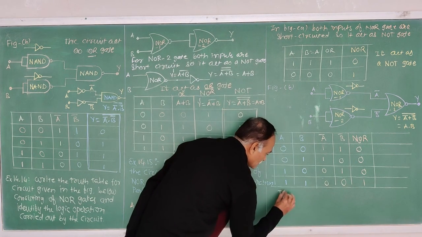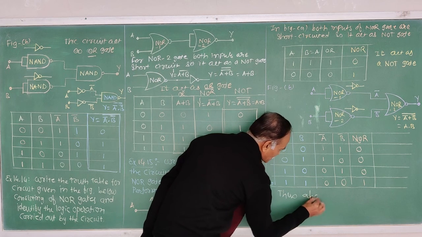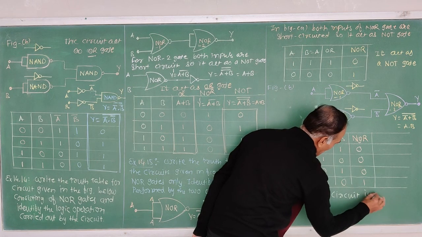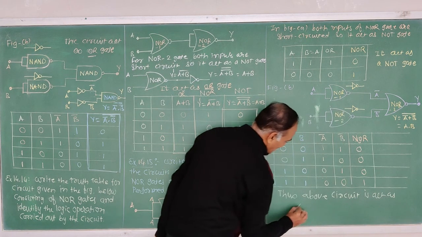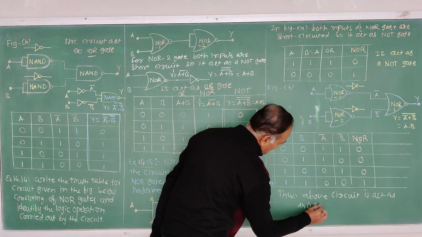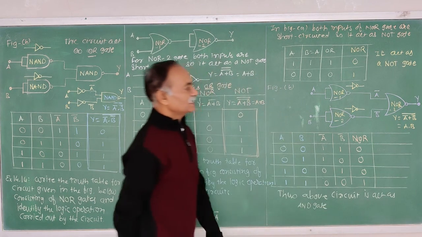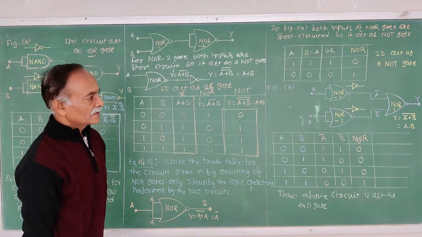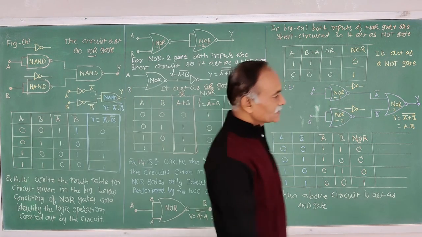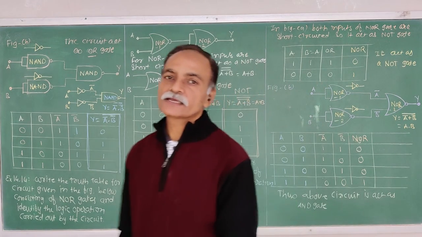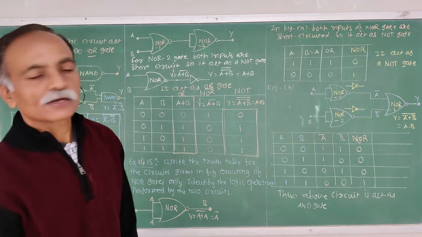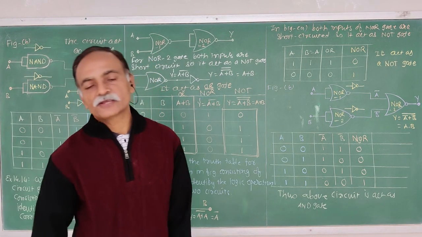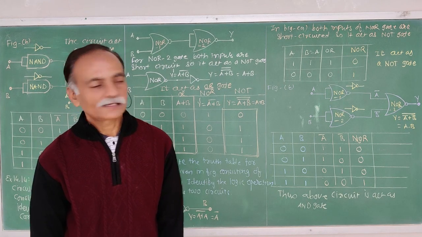Thus, the above circuit acts as an AND gate. So using the logic gates, we can easily calculate the logical operation of the given combination of gates. So here this chapter with the numericals is completed. Clear? Okay.